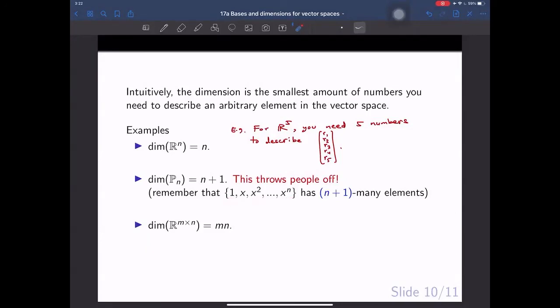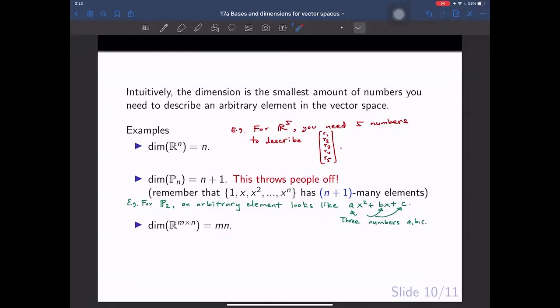And also, in order to describe an element in P_n, you need to know what the coefficients of the polynomial are. For example, in P_2, an arbitrary element looks like this. So you need to know what a, b, c are to describe this polynomial. And for the vector space of all matrices of the same size, if the size is m by n, then there are m times n entries in that matrix.